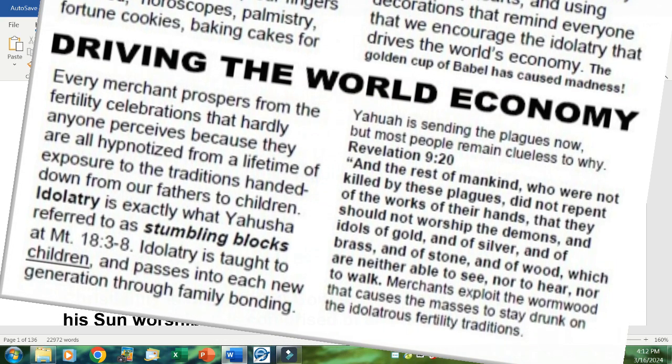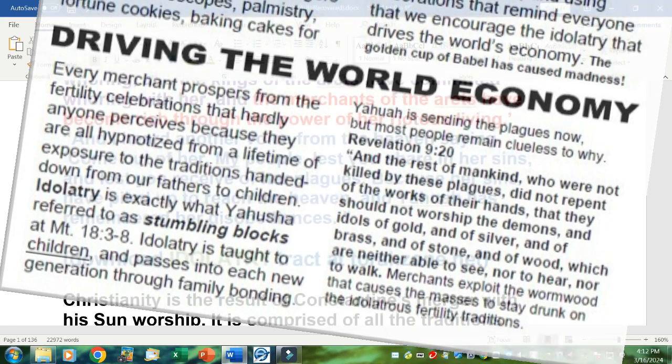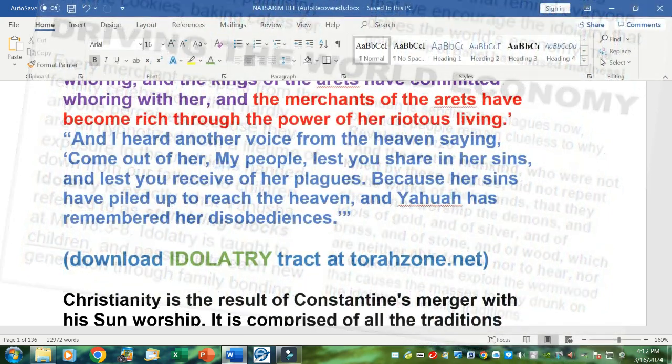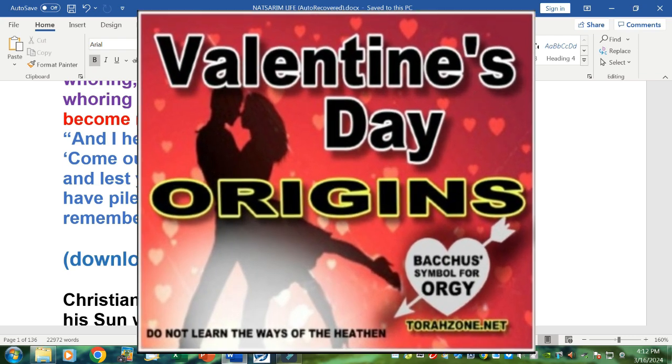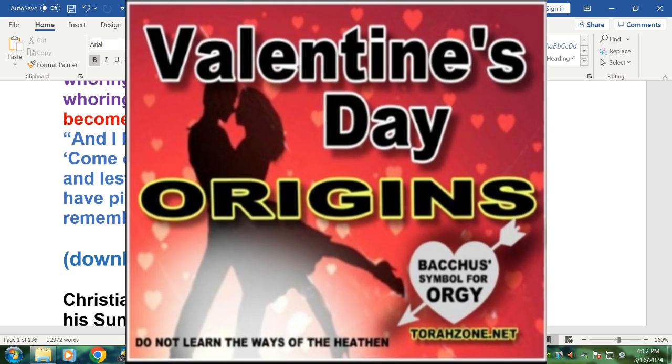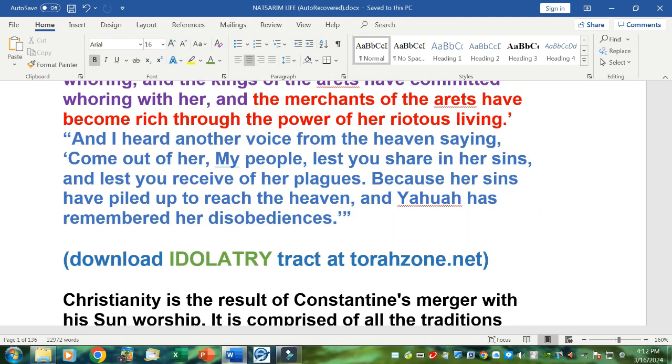In other words, they sell Christmas trees and pumpkins and fertility stuff like Valentine's Day, St. Patrick's Day. They decorate with all these little things that they sell you to decorate your home or your business.